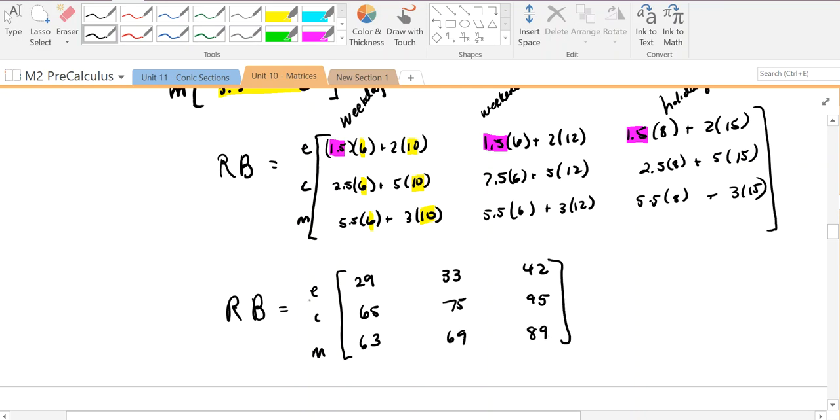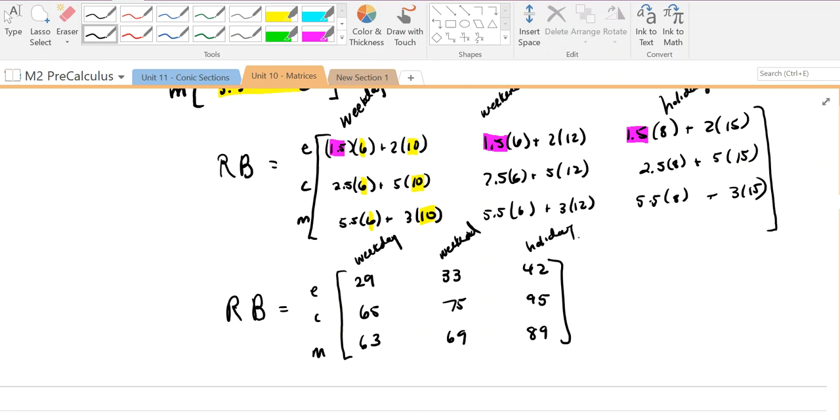So this is the amount of eggs that I need on a weekday, weekend, and holiday. So on a holiday, I'm going to need 42 dozen eggs. On a weekend, I'm going to need 75 gallons of cream. On a weekday, I'm going to need 65 gallons of cream.